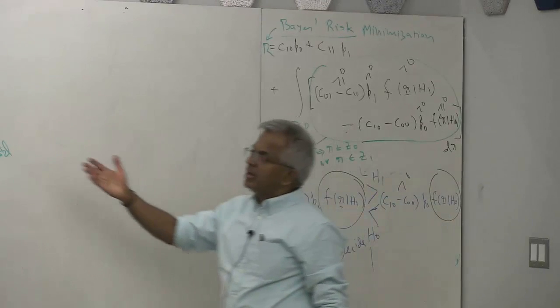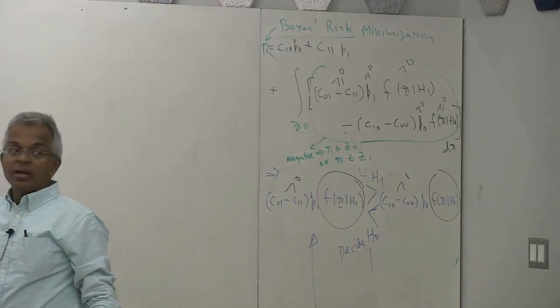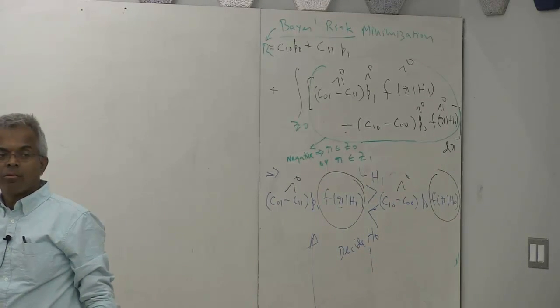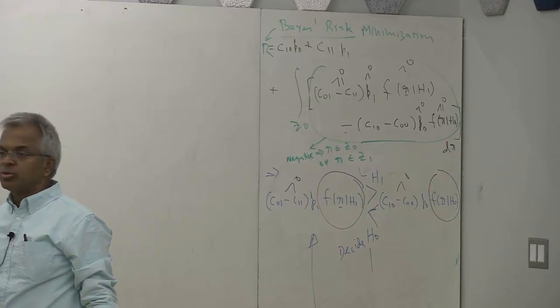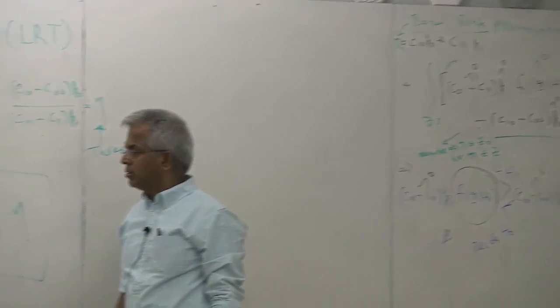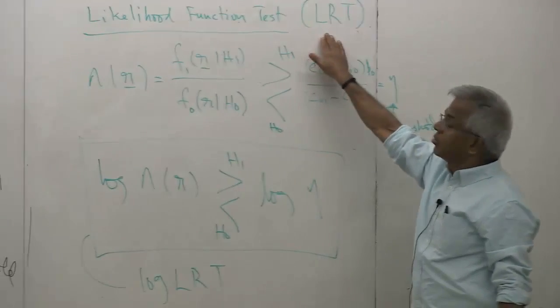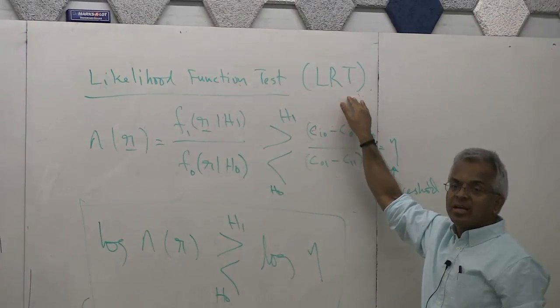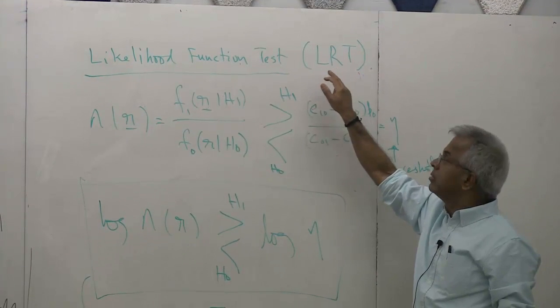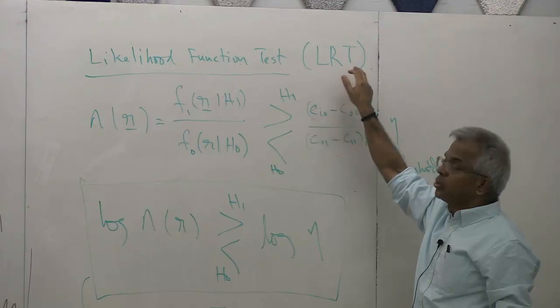All right. I did the same thing here, and sometimes you take the logarithm of the likelihood function. The abbreviation is LRT, which stands for likelihood ratio test.